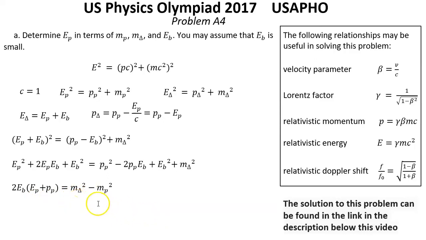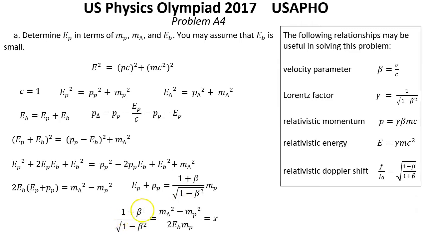Now we can express the energy of the proton and momentum of the proton using these relationships for relativistic energy and relativistic momentum, and we have this expression. And after all, we have a function of beta, from which we can find the relativistic velocity of the proton before the collision.